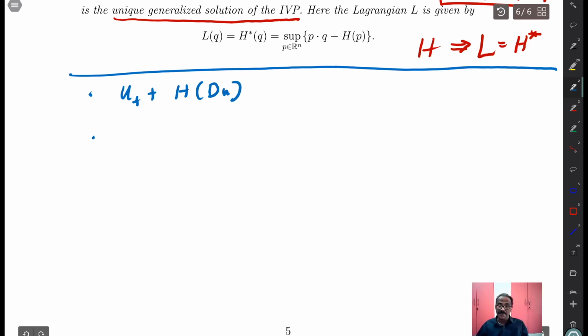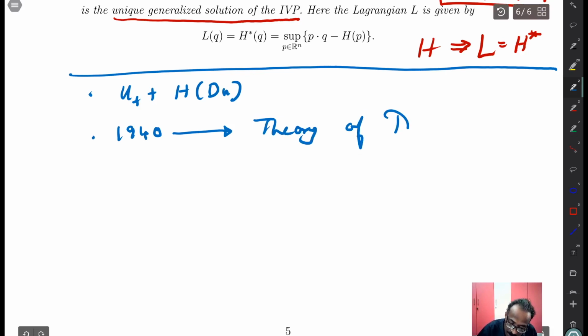As you know, in the first part of the 20th century, people understood that generalized concepts of weak solutions are important, and one of the breakthroughs in the 1940s was the theory of distributions. But this is typically a linear theory.